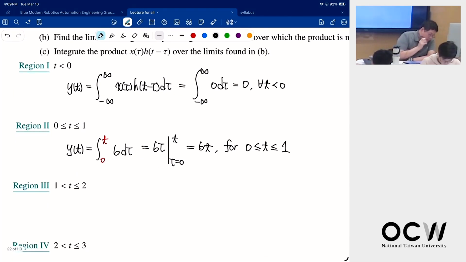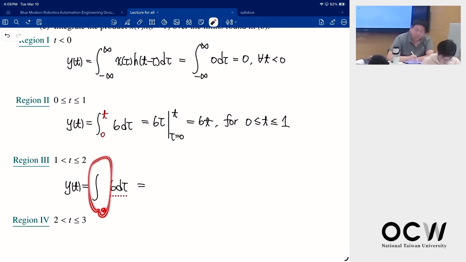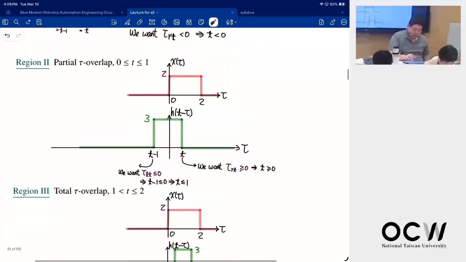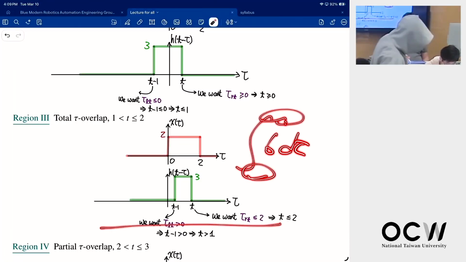Next, the region 3, that's total overlap. So for total overlap, this is still 6 tau. But how do we put the lower bound and upper bound? In this case, let's go to region 3. What's the lower bound and upper bound?